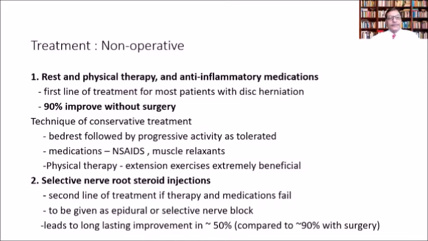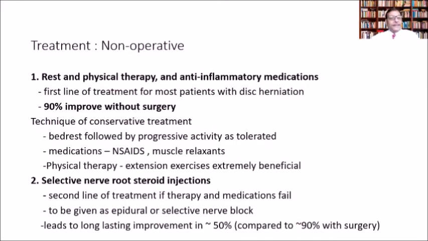The bed rest is usually followed by progressive activity as the patient can tolerate the pain. The medications are usually NSAIDs along with muscle relaxants if there is a muscle spasm, and physical therapy can be added, especially the extension exercises, which are extremely beneficial for the patient.